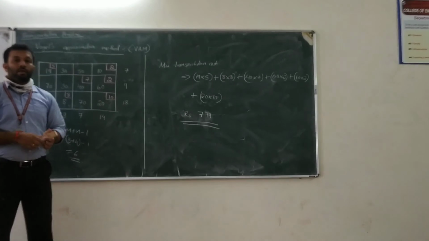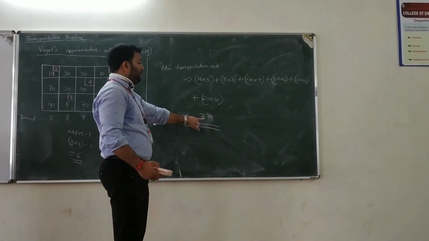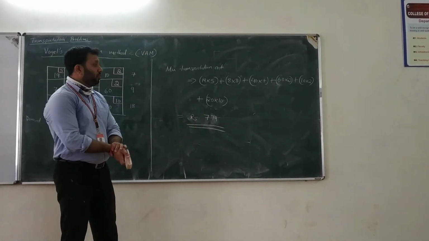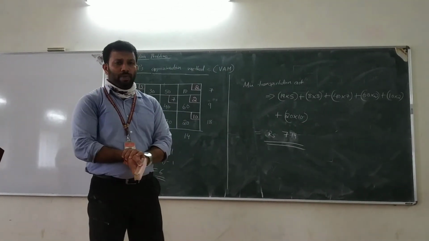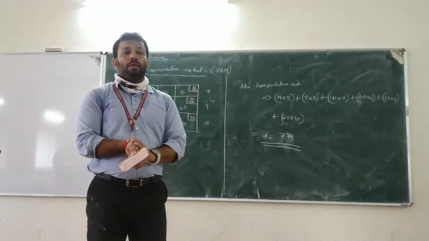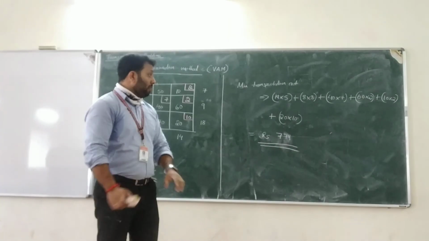The minimum cost is rupees 779. So that is how we solve Vogel's approximation method. This is one of the important methods in solving the transportation problem.